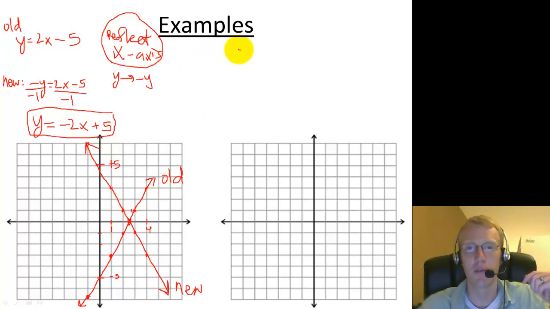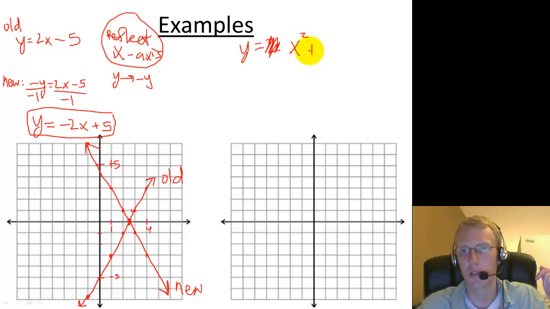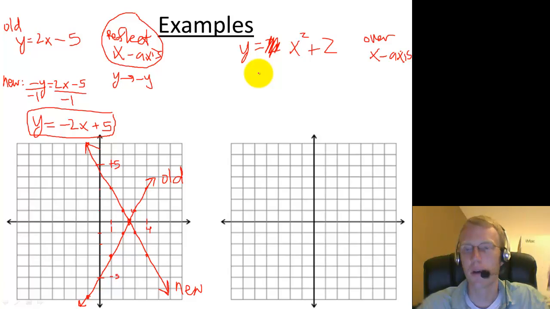Alright, let's do one more example, and then we'll be finished with reflections. Let's do a parabola. Y equals, no, we can't do that. Sorry, we can't do dilations yet. Let's do x squared plus 2 over the x-axis. Okay, that's fine.